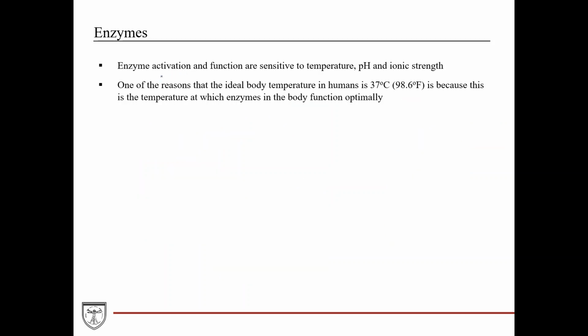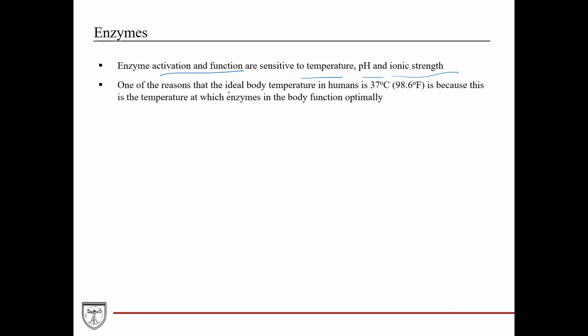Enzyme activation and function are sensitive to temperature, pH, and ionic strength, just like any other protein we were discussing. If you raise the temperature, you could denature an enzyme. If you raise the pH, you can denature an enzyme. Again, you're affecting the environment the enzyme is operating in. If you affect enzyme function, you can end up affecting metabolic, cellular, and physiological function, which can be very devastating.